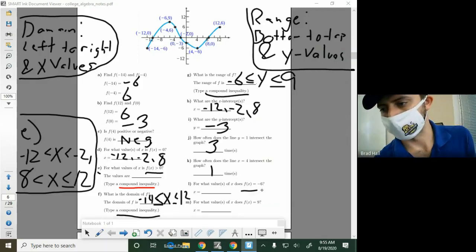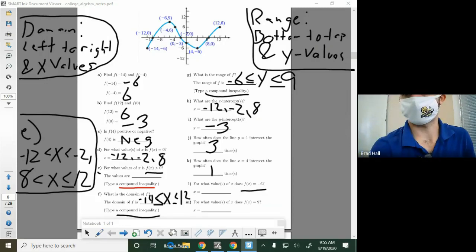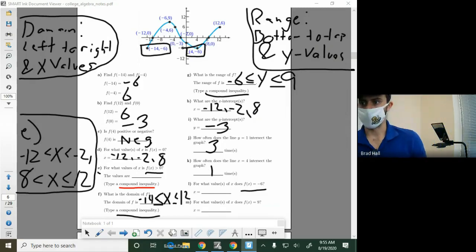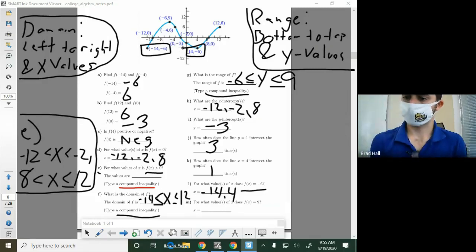And notice the -6 is not in the parentheses, which means it is not an x value, it's a y value. So I see two occurrences of this, two places where y is equal to -6. What are the x values? Just simply -14, and what is that, 4? So that's it.